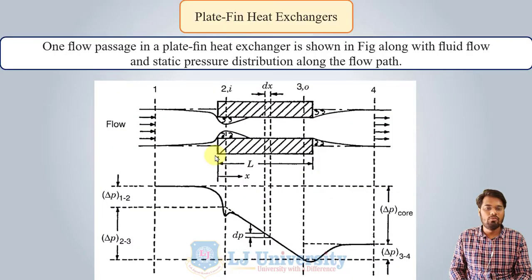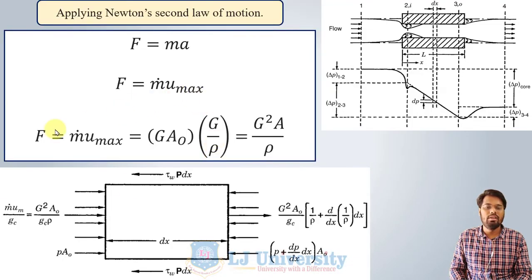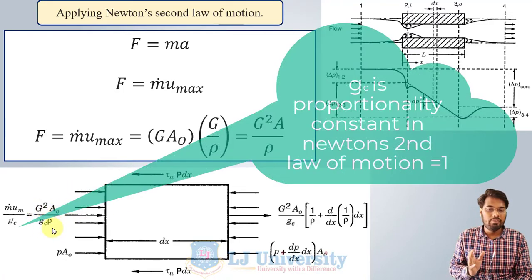So putting the values of m dot and velocity, we get G square into A divided by rho. This is the force, or we can say the change in momentum, in this direction.